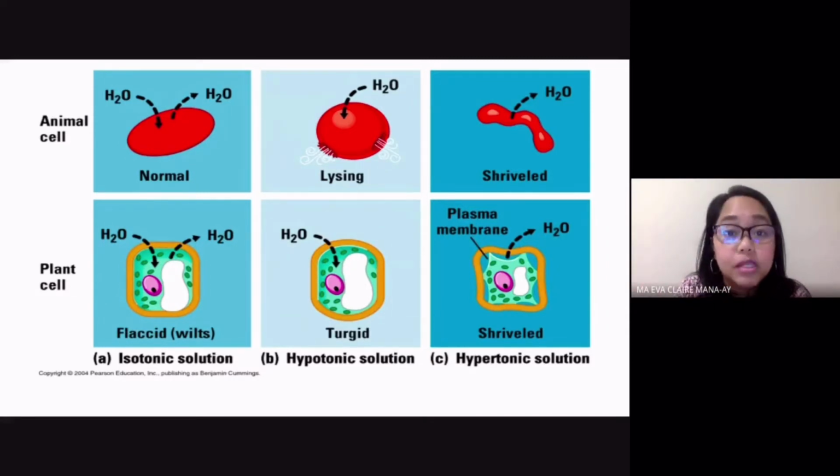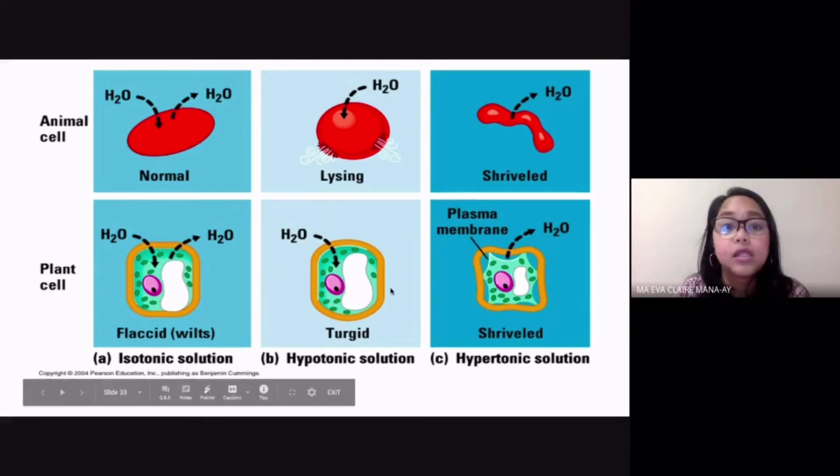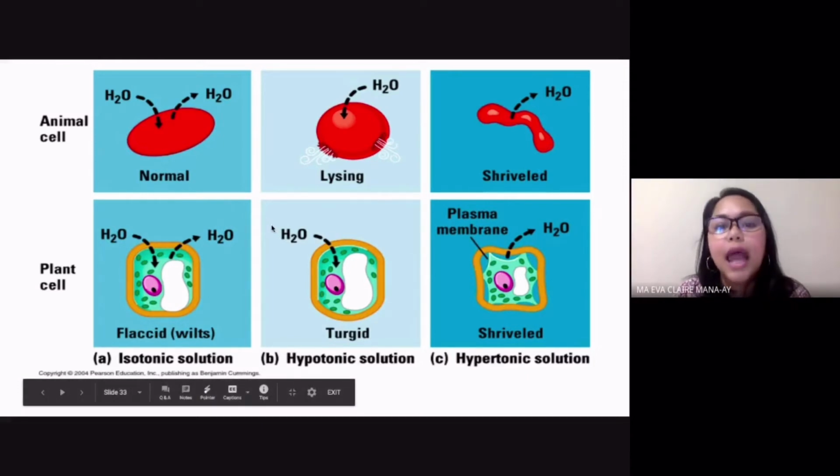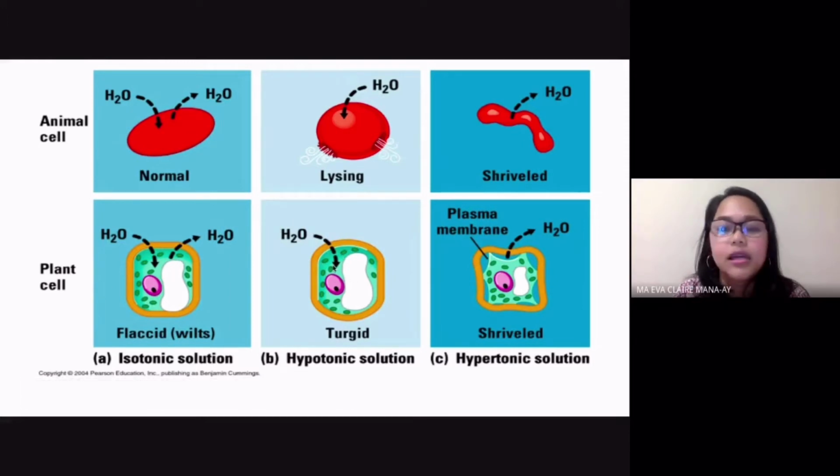That's from an area where there are more water molecules to an area where there are fewer. So if you put your cell in a hypotonic solution, which has more water molecules, water molecules will get inside the cell. So eventually your cell is going to swell.